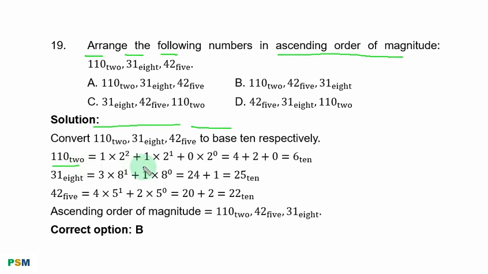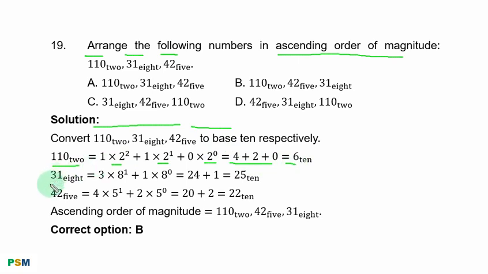After that, you assign powers to the base number, starting with 0 from right to left. So base 2 takes power 0, the next one power 1, the next one power 2. When you simplify, you have this result, that is 6 base 10.